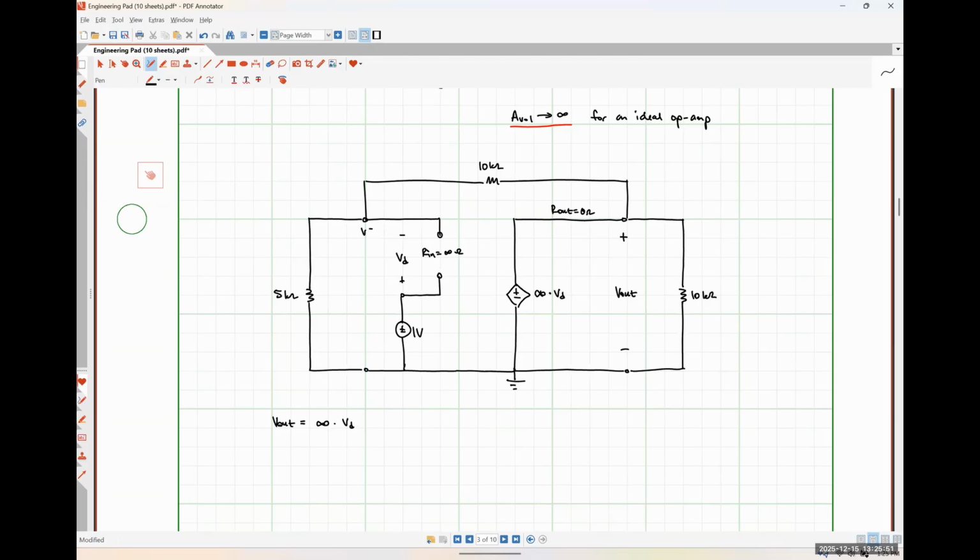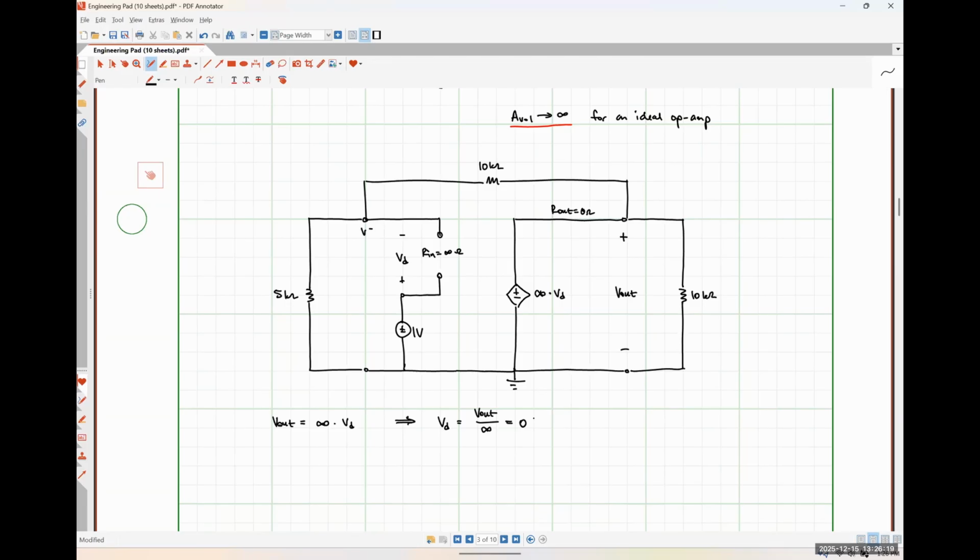What I'm going to do is algebraically manipulate this. So I can say that my differential voltage, VD, is going to be V out over infinity. Well, what happens when I divide anything by infinity? It goes to zero.